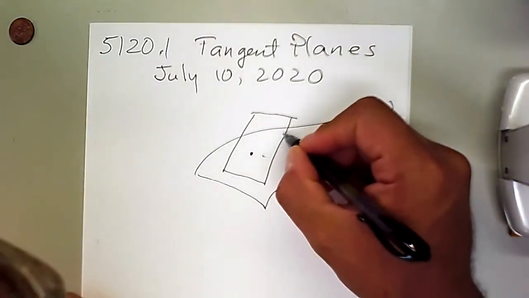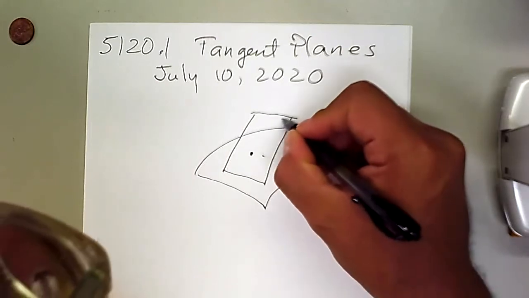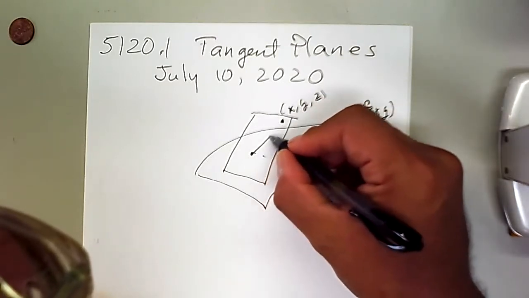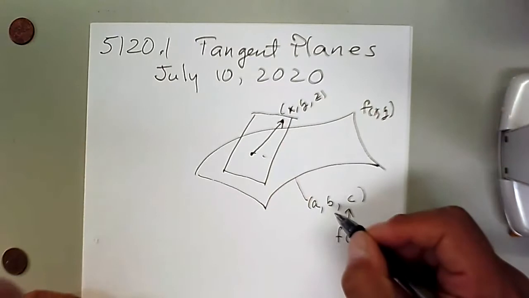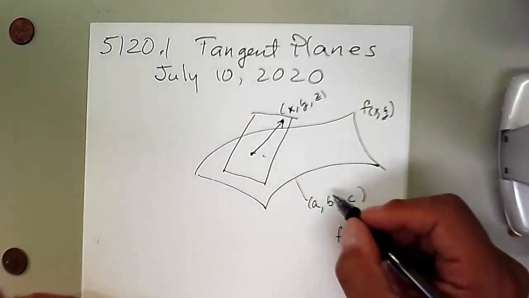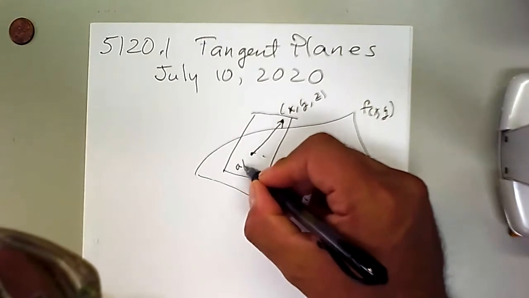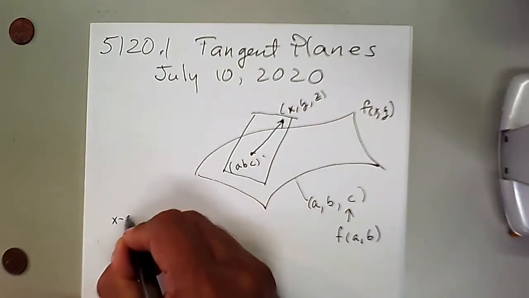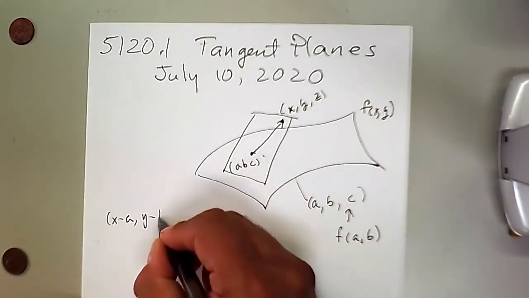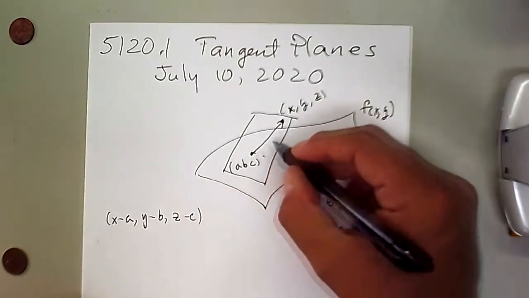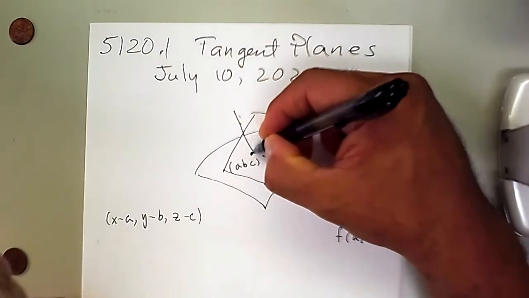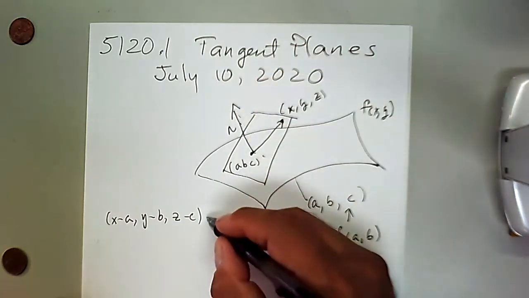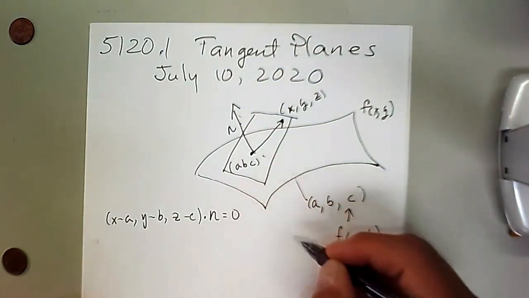Anyway, so we have the point there, and we want to find the equation of this tangent plane. If you have a generic point x, y, z on the plane, then this vector, from A, B, C to x, y, z, will have coordinates x minus A, y minus B, z minus C. And if we figure out the normal vector, let's label it as little n, the dot product should be equal to 0.